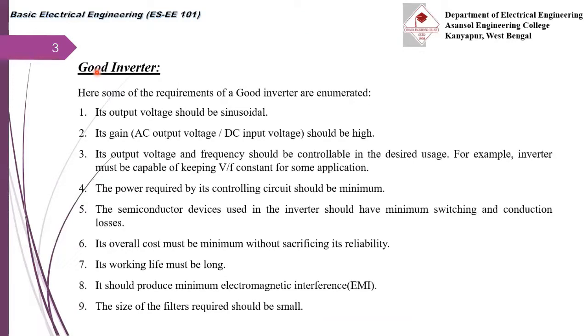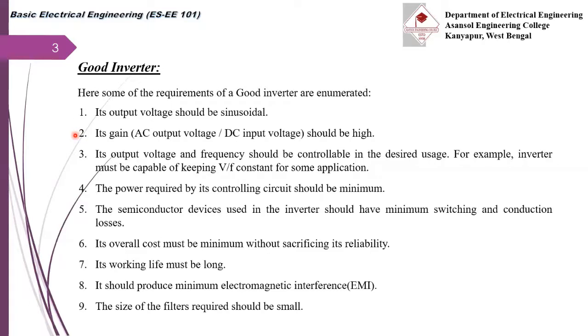First is the good inverter. What are the requirements of a good inverter? Here, some requirements of the good inverter are listed below. First, its output voltage should be sinusoidal.